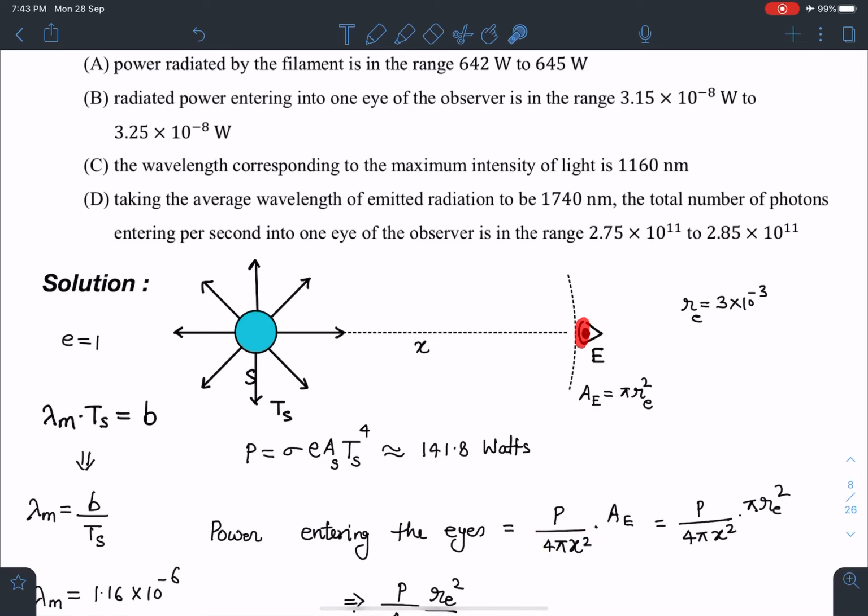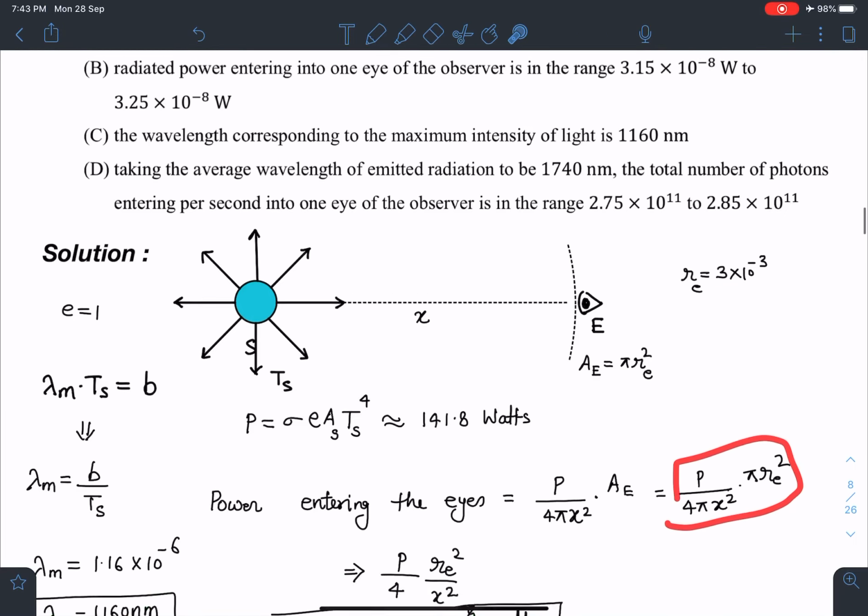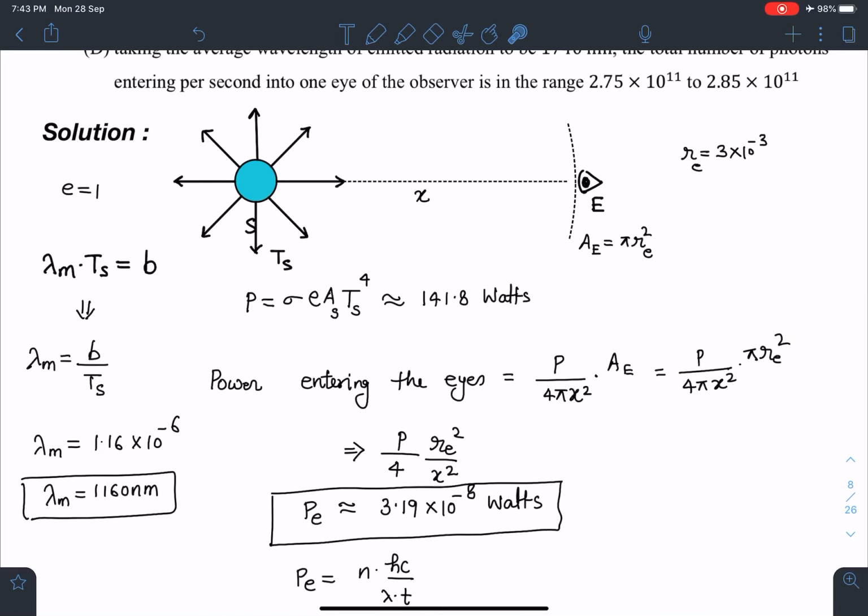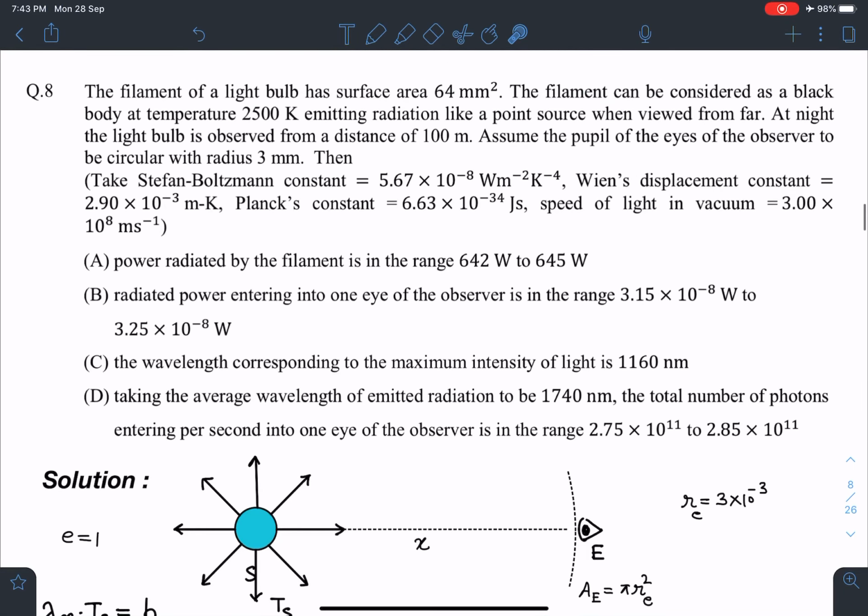That will be the energy received by the eye per second, or the radiated power received by the eye. The area of the eye is given. If you substitute these values, the answer roughly comes close to 3.19 into 10 to the power minus 8. When you check the options, luckily it falls into this range. So B is my answer in this case.